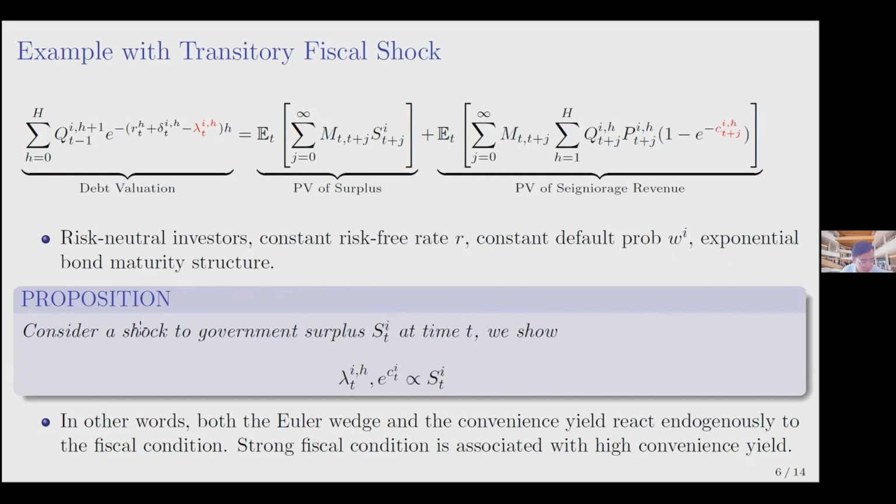In that world, we further show that a shock to government surplus at a particular time leads to a proportional increase in the convenience yield, as well as in the Euler equation wedge, which is a one-period version of the convenience yield to government debt. So this relationship predicts that when we have an increase in a country's fiscal condition, we should be able to observe a concurrent increase in bond convenience yield in the same country. Okay, so this is the key prediction of the model.